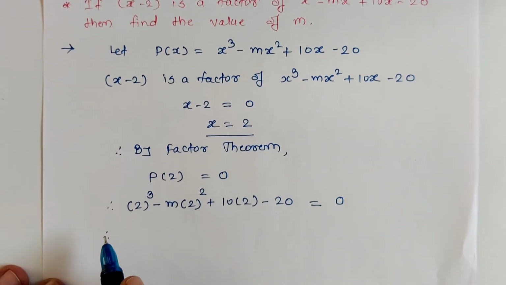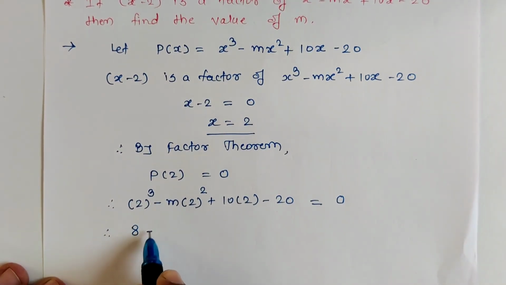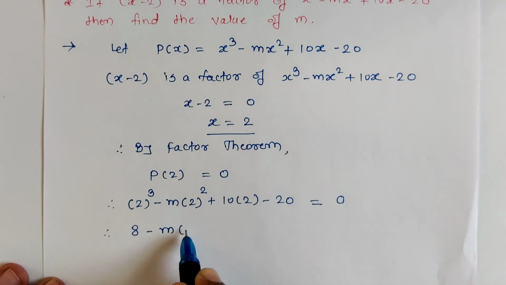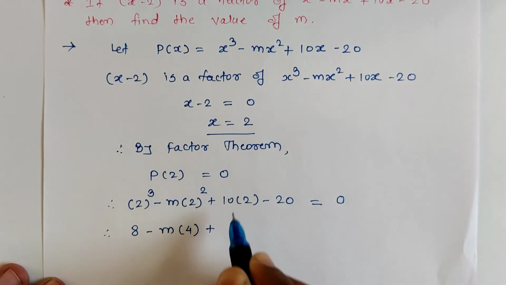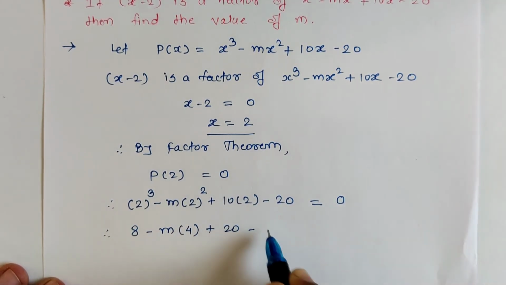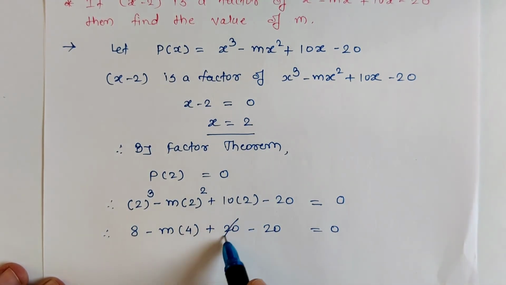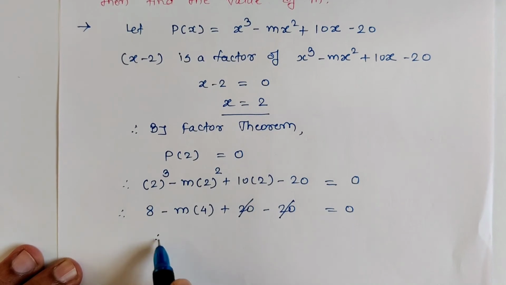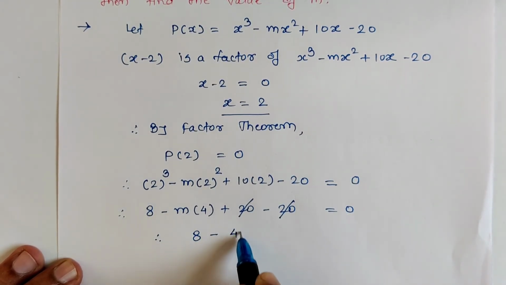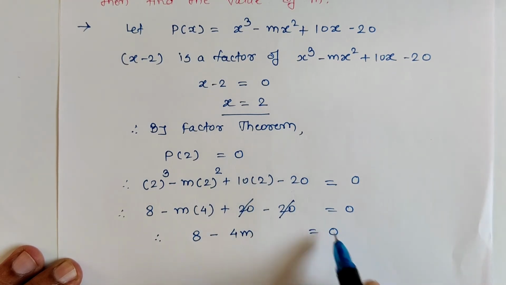So if we simplify this one, 2 cube is 8, minus m into 2 square, 4, plus 10 into 2 is 20, minus 20 is equal to 0. Here plus 20 minus 20 will get cancelled. So we have 8 minus m into 4, that's 4m, is equal to 0.